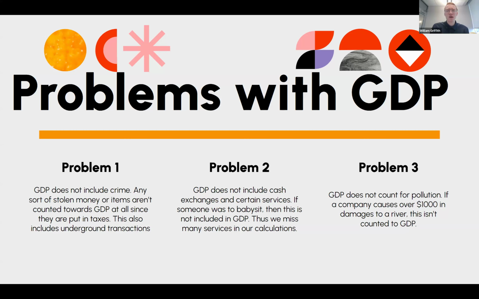Those $3 aren't counted towards GDP because you're not going to put those $3 on your taxes, are you? No, at least I don't think you will. The only way it would go towards GDP is if you had a small business that sold those carrots for $3 a piece and it got reported on your taxes. Then those would count towards GDP.